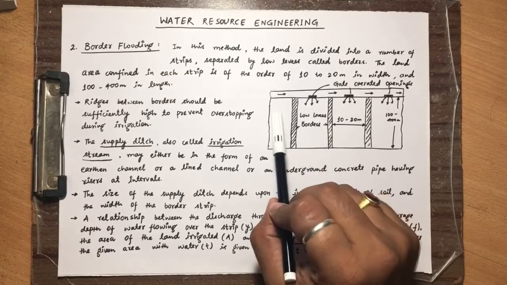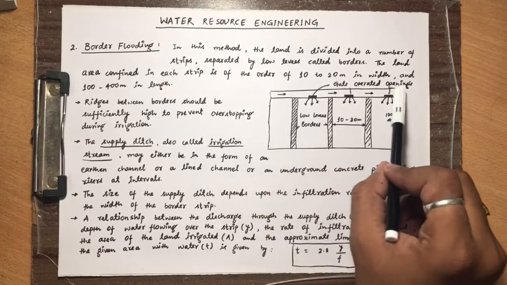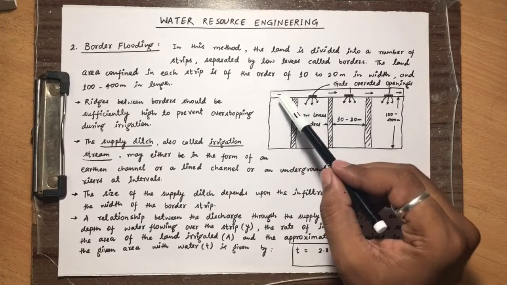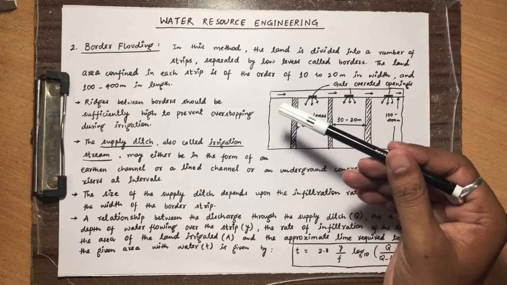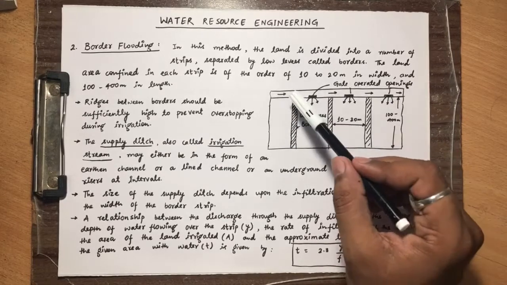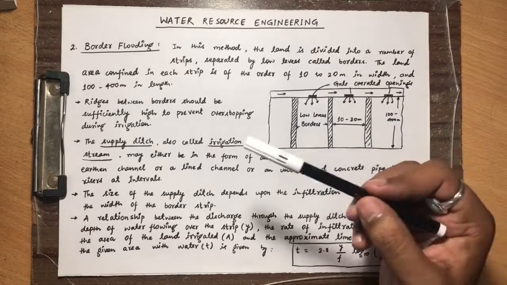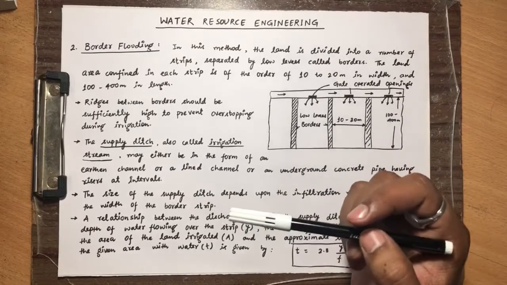At the same time, this is a water supply, so this should also be at a height. Water from this should come where we want water. Water should not overtop when we are doing irrigation.